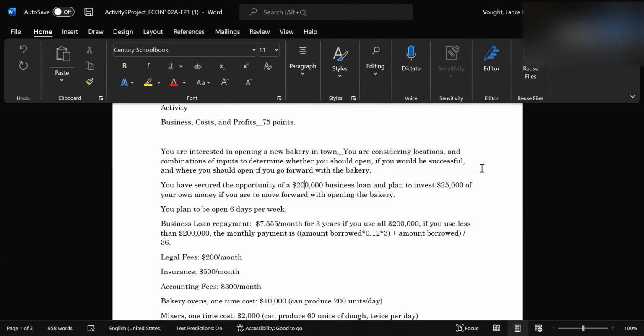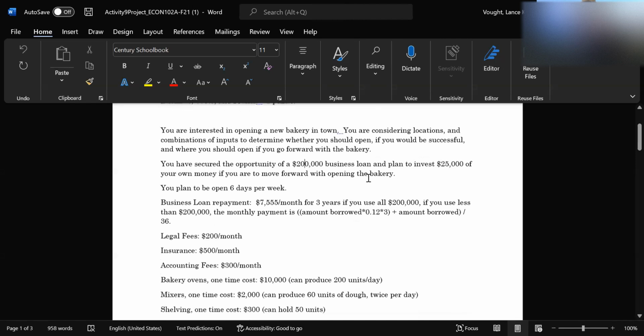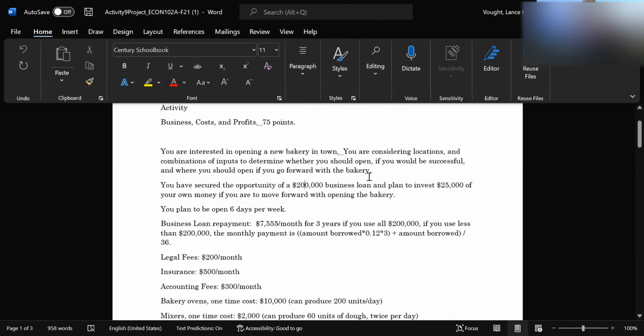I was just going to sink my own cash into it at the start, because the less you have to borrow is the less you have to pay in the long run. Exactly. So that is up to you and up to the individual.